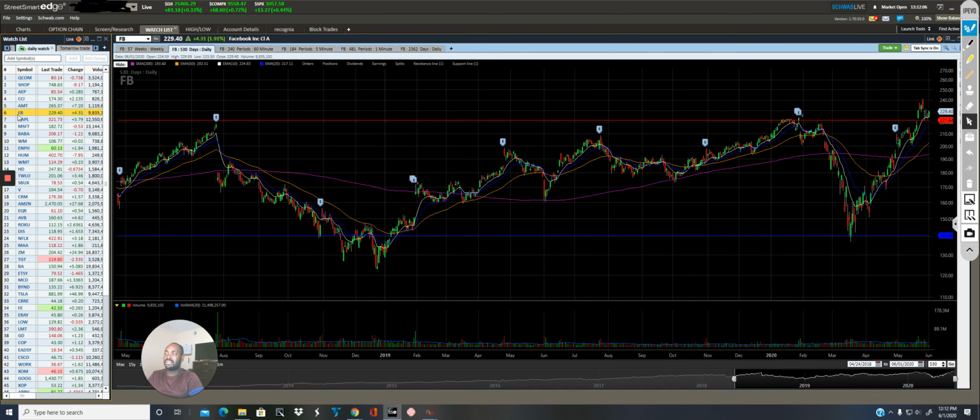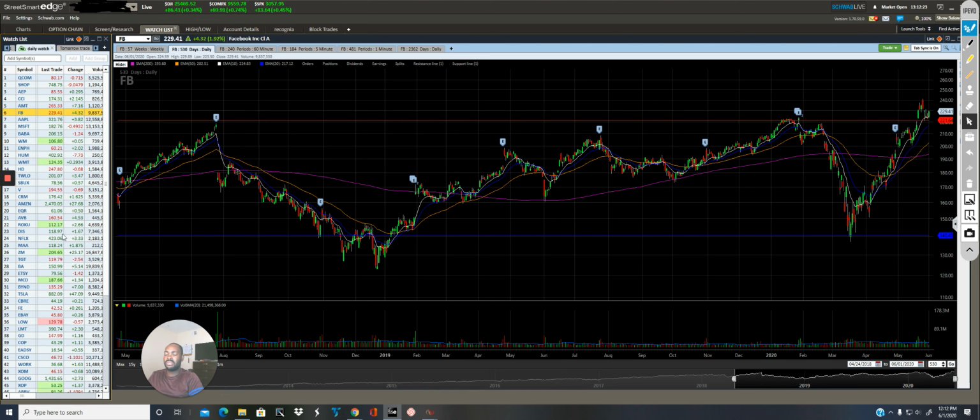Some of these stocks have a very wide range in terms of they can move a $20 range per day. So some of them do provide an opportunity for a day trade.